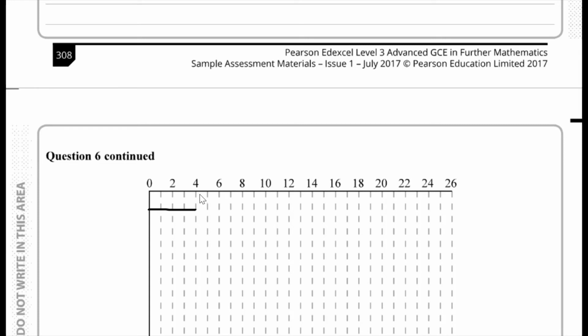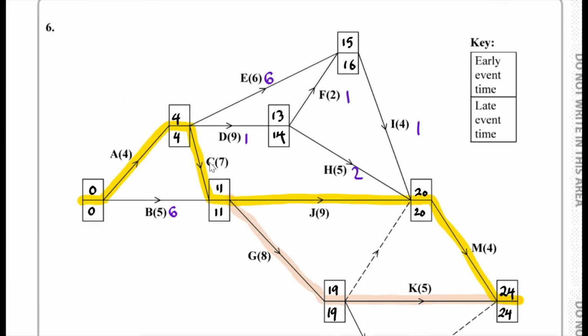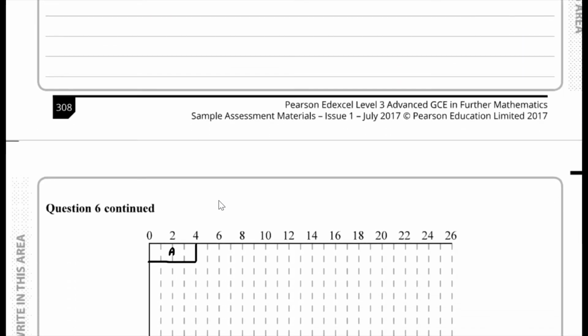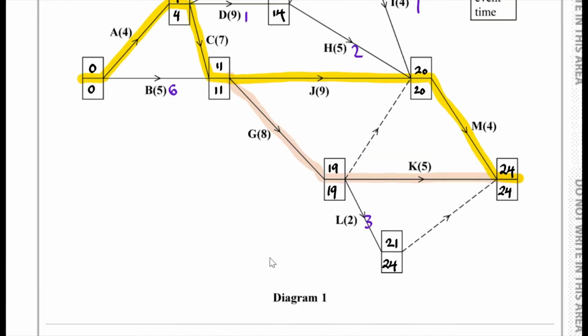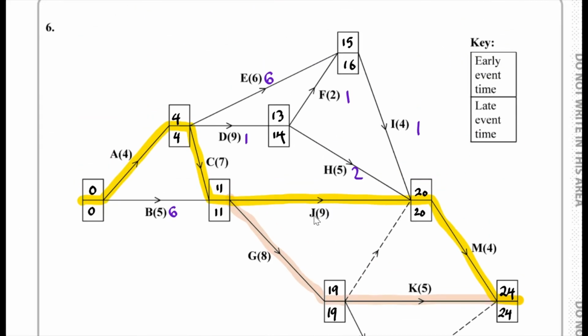So this over here is what we have for A, and then after A we go via C. C has a duration of 7, so that takes us to 11. So 11 is over here. So that's C. And after C, if we continue with this one, we have J, which takes us up to 20.